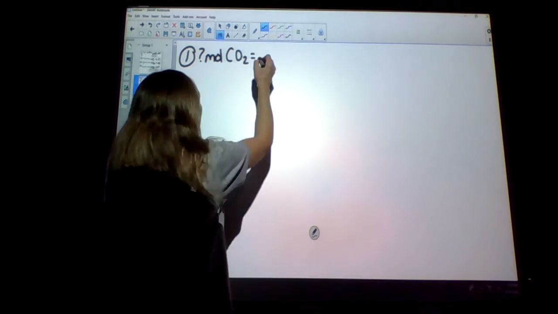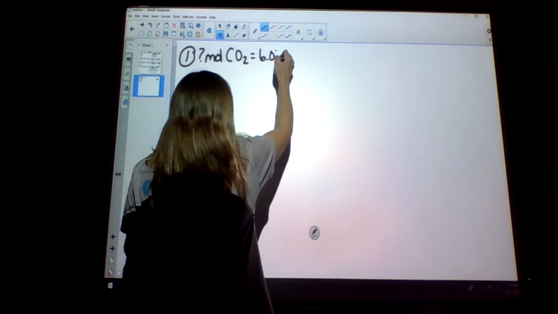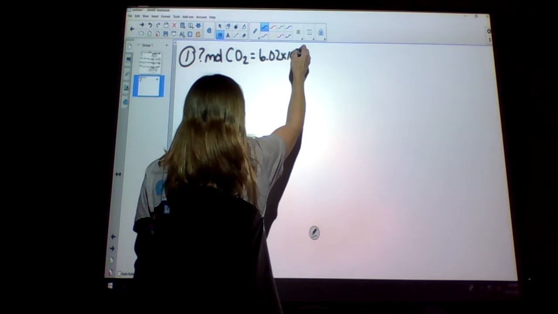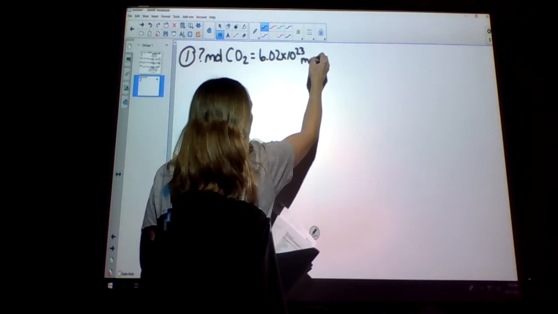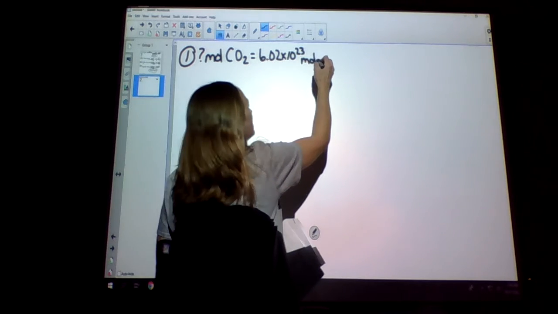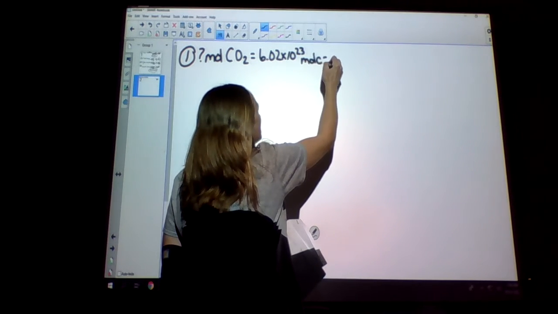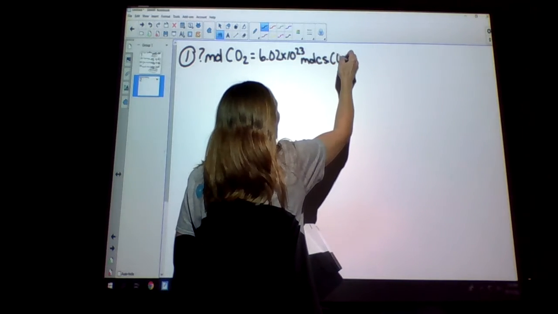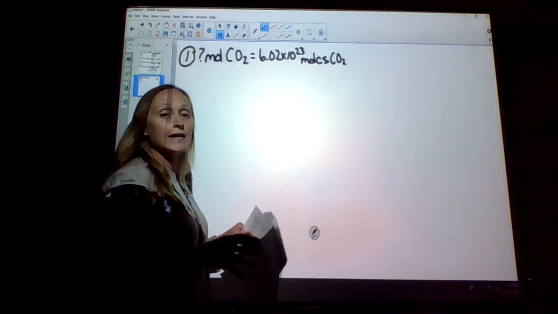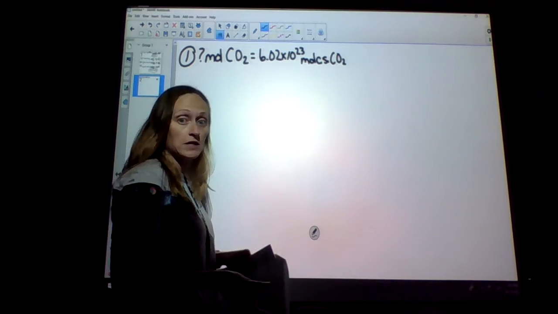We have 6.02 times 10 to the 23rd molecules. So you can abbreviate molecules MOLCS, okay? You don't have to write all of molecules, but please don't write M because M stands for meters, okay?